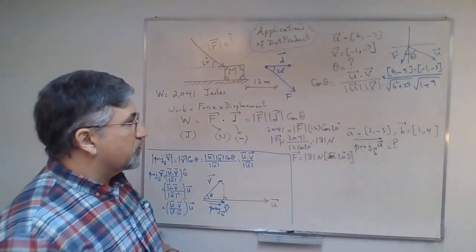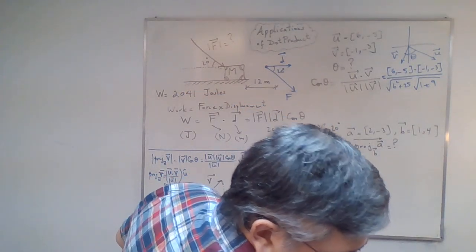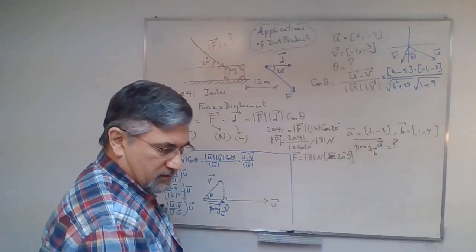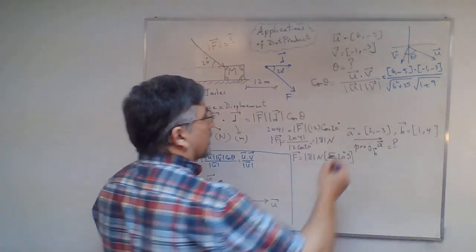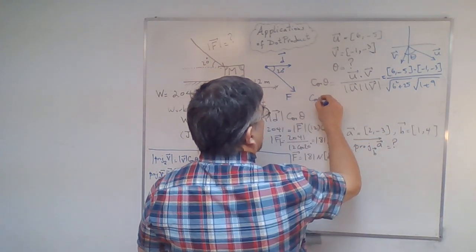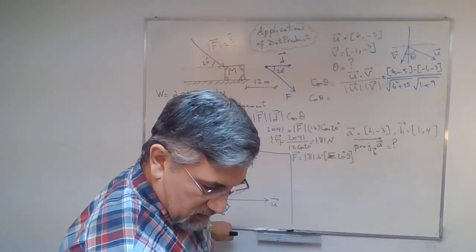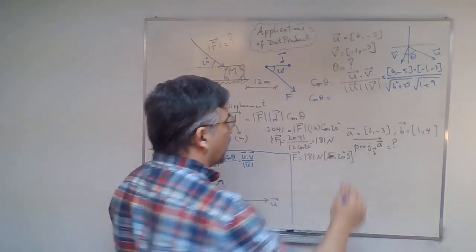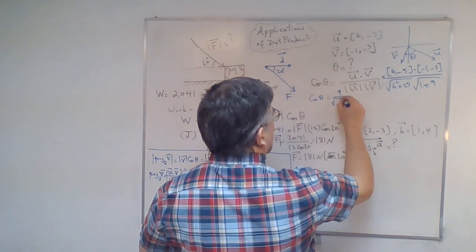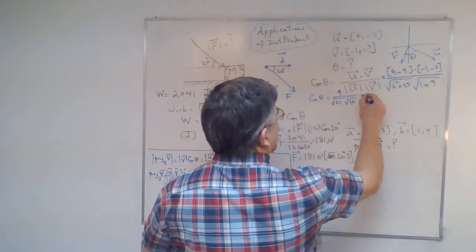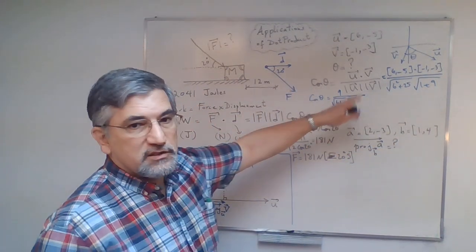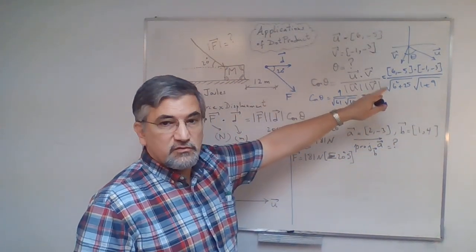Okay, we know the formulas and everything. And if you do the math, you are going to get cos theta equals 9 over root 61 root 10, because 1 plus 9 is 10. 6 squared is 36, plus -5 squared, which is 25.